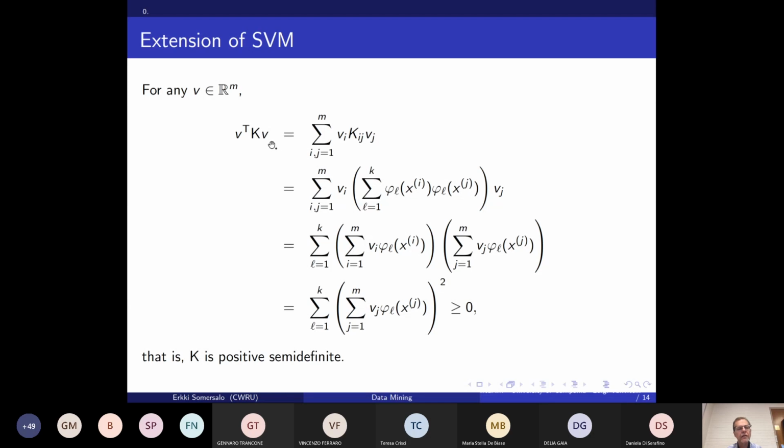And then I'm looking at this quadratic form here, which is v transpose K v, which by definition is simply this double sum, where I take the components of v on both sides and then make a matrix product.